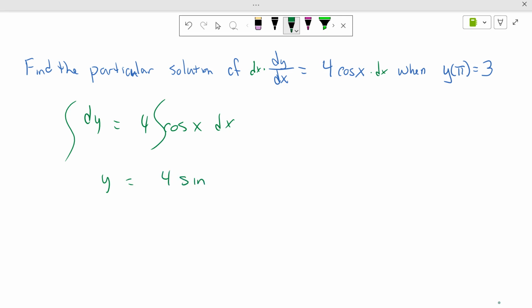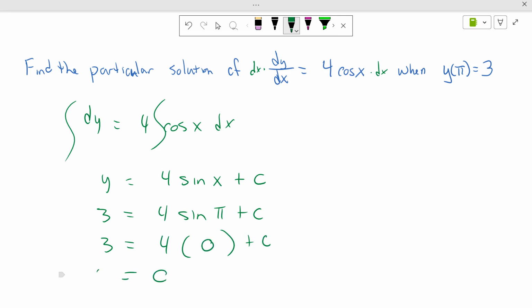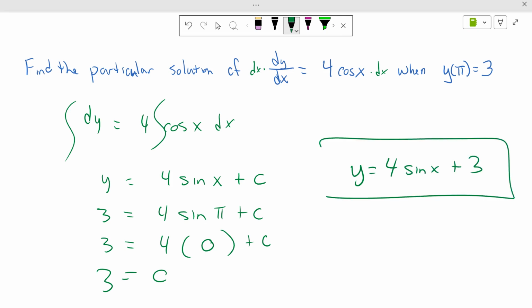It's 4 sine of x plus c. Well, it says y of pi equals 3. So 3 equals 4 sine of pi plus c. 3 equals 4 times, what's the sine at pi? 0, plus c. So c must equal 3. So the particular solution is y equals 4 sine of x plus 3. Good enough for that?